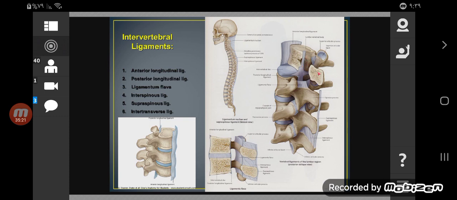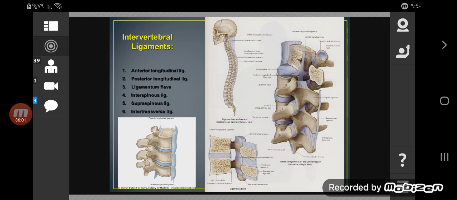You can see there is no attachment for this structure, for this traveling structure. But the anterior longitudinal ligament throughout the vertebral column attaches to the body and to the intervertebral disc, and from the coccyx to the basilar part of the occipital bone, you can see the anterior longitudinal ligament, and this is a good supporting structure for the vertebral column anteriorly.